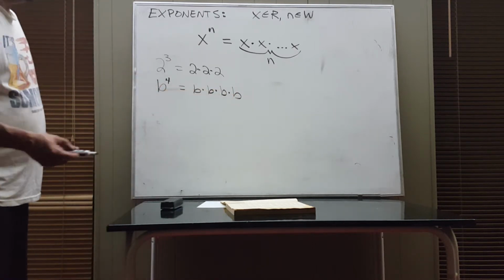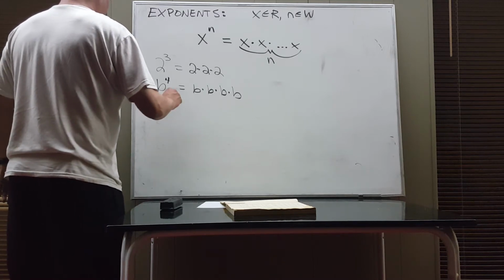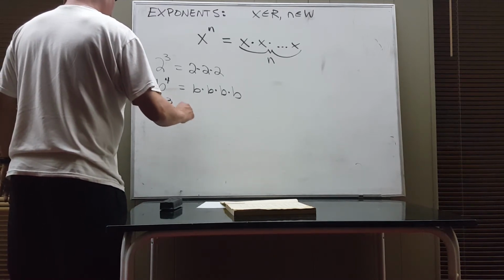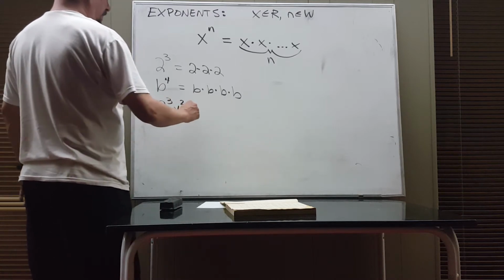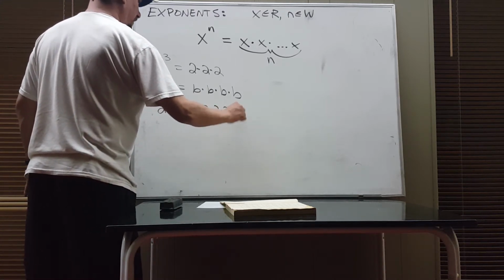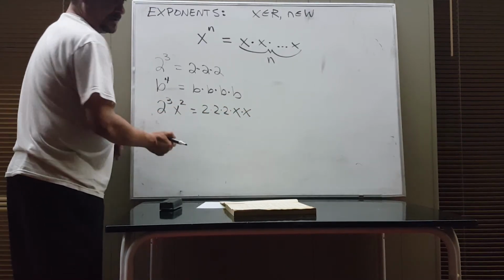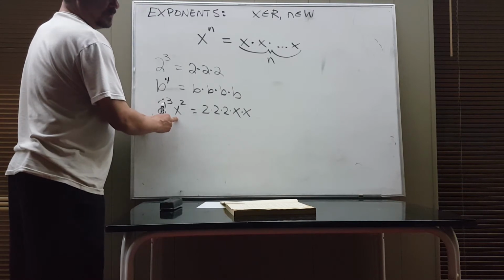And we can combine things. We could say maybe 2 cubed x squared. 2 cubed x squared is 2 times 2 times 2 times x times x. You can combine expressions, and we're going to learn in the next few lectures that this is a term.